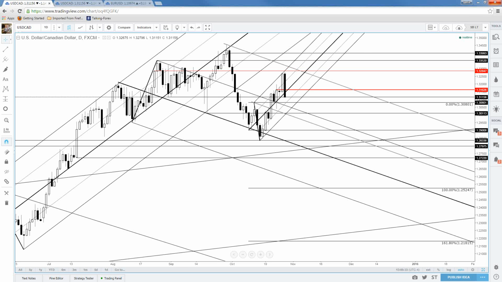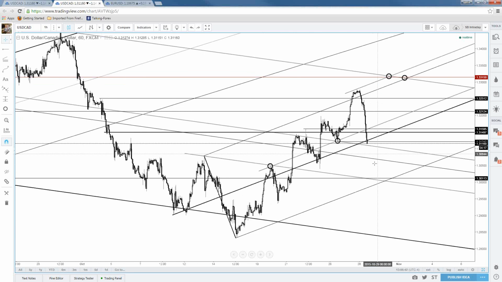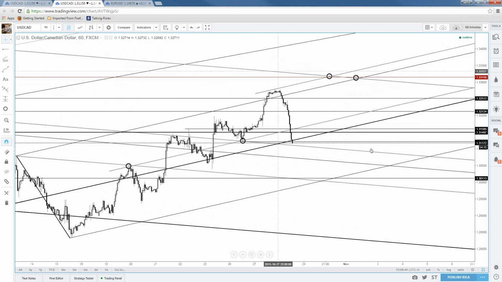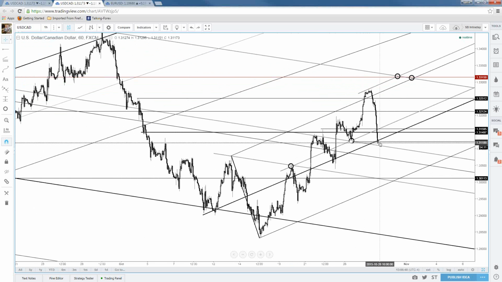Euro CAD, everything CAD is tanking. Wow. Right into the Fed meeting. I mean, this is straight down. Here's an hourly chart. I'm not going to lie, I'm kind of dumbfounded that it's gone this far this quickly. So let's look at crude oil, because crude oil is obviously a story in dollar CAD.